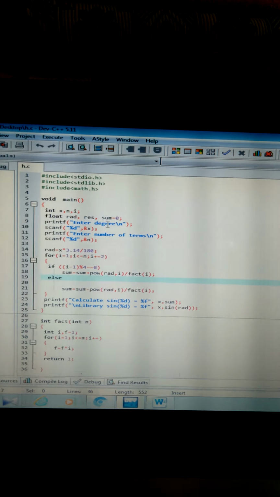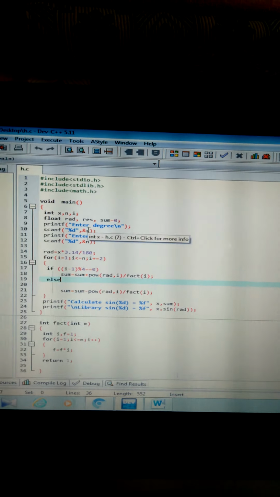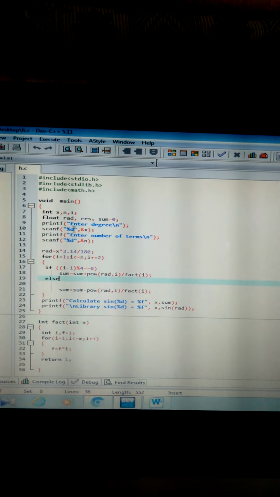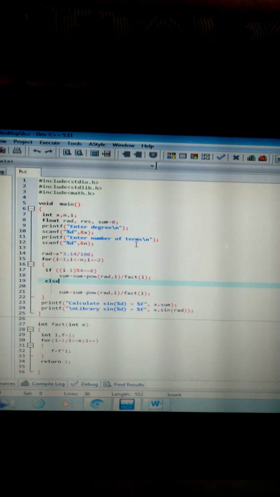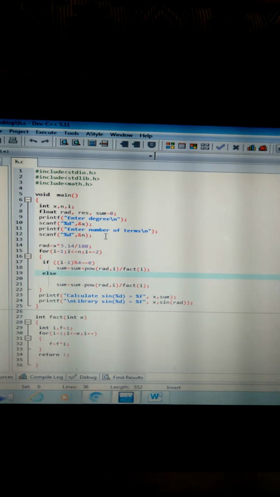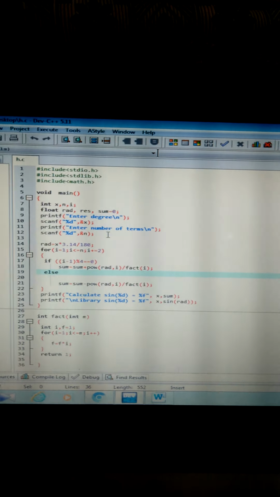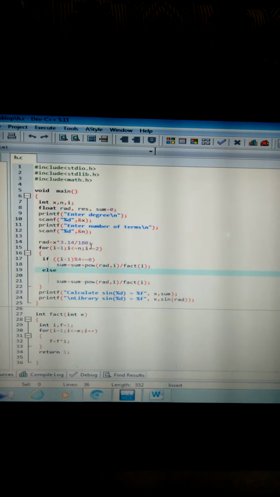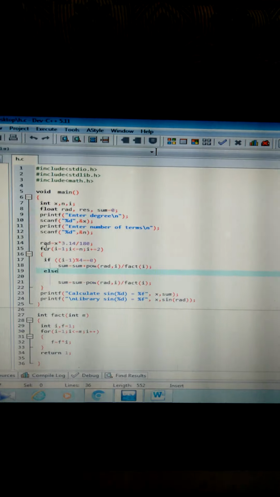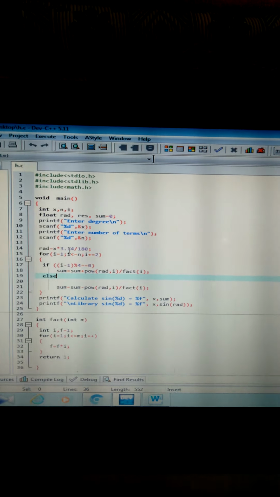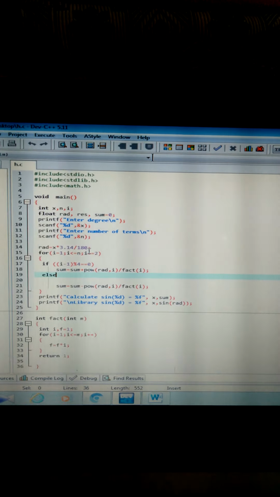This line will be printed on the output screen, that is, enter degree. Then the scanf function accepts it. Then enter the number of terms in the Taylor series we have to calculate up to. This we have to enter, and the scanf function reads it. Then converting the angle to radians means angle into 3.14 divided by 180.